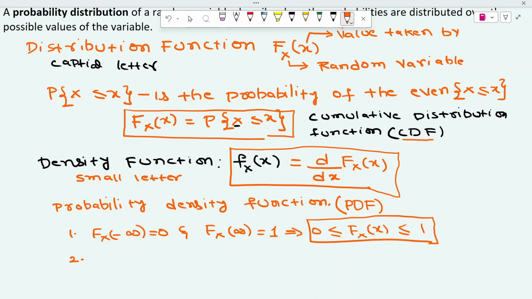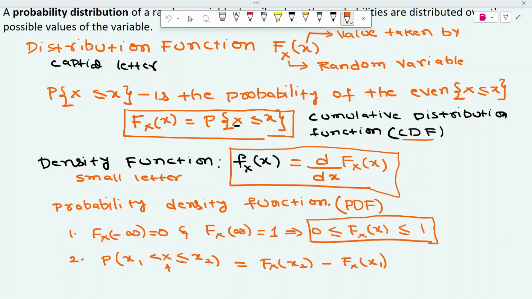The second important property is that the probability of x1 less than capital X less than or equal to x2, that is, the probability of the random variable X taking values between x1 and including x2, is given by F_X of x2 minus F_X of x1. This property is also very useful while solving many problems.